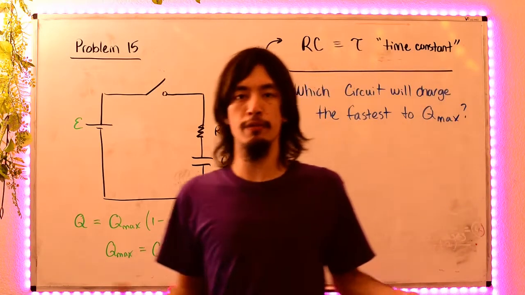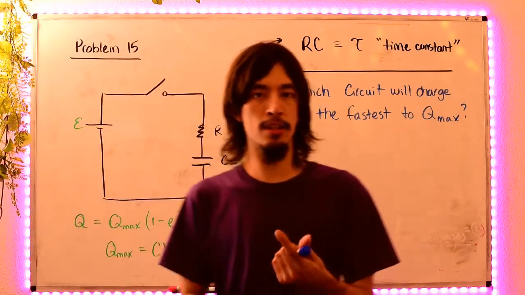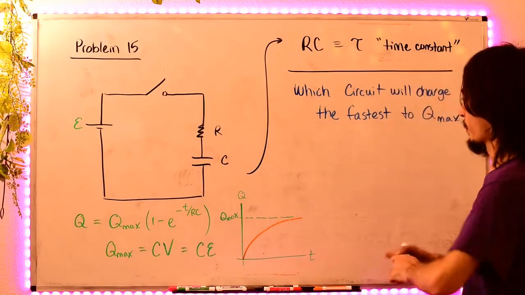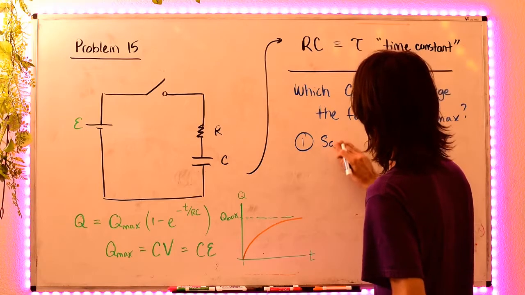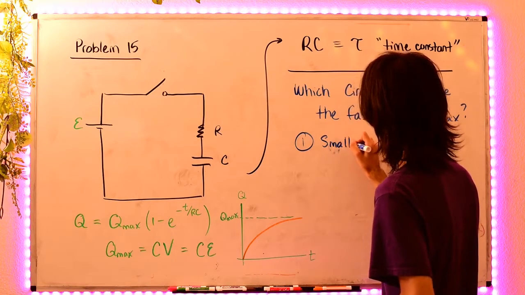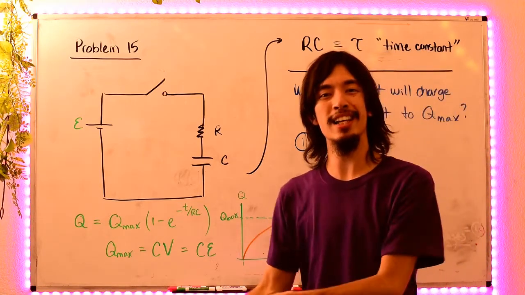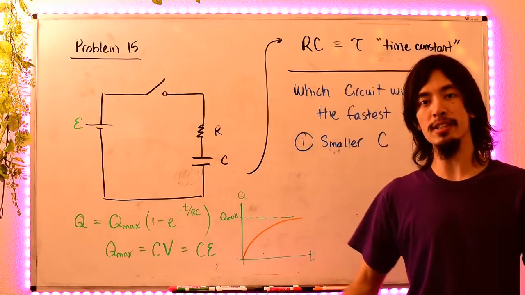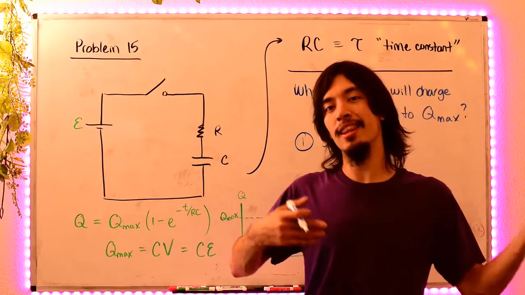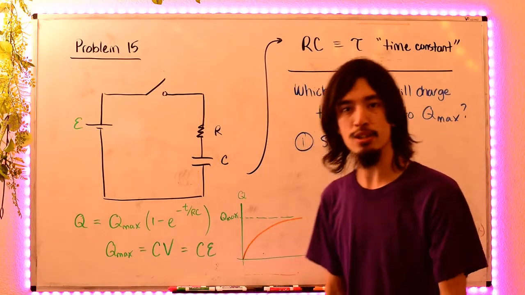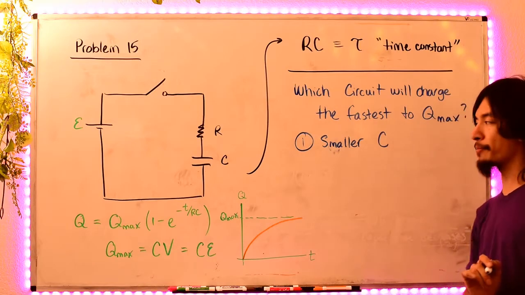If it's just a race to the finish line of 100% of its charge, it should make sense that 2 things would need to be true. 1, a smaller value of C, the capacitance, means that it can fit less charge. So if it doesn't have to put as much charge on its plates, then it's going to reach the maximum faster in that aspect. So that is one factor.